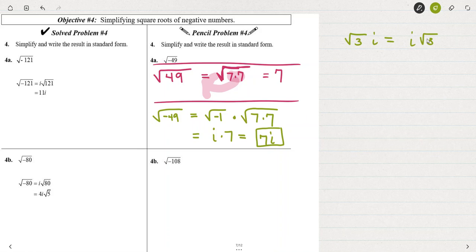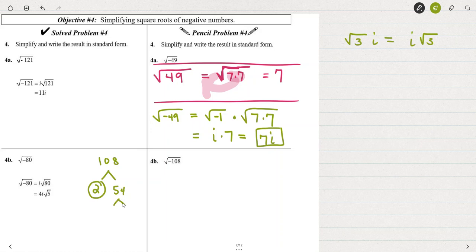This 108 is a little bit different because 108 is not a perfect square. Off to the side here, I'm going to take that 108 and do what's called a prime factorization. I'm going to look for what numbers go into 108 evenly. I know right off the bat that a 2 will go in because it's even, and 108 divided by 2 is 54. 2 is prime, so I circle it.